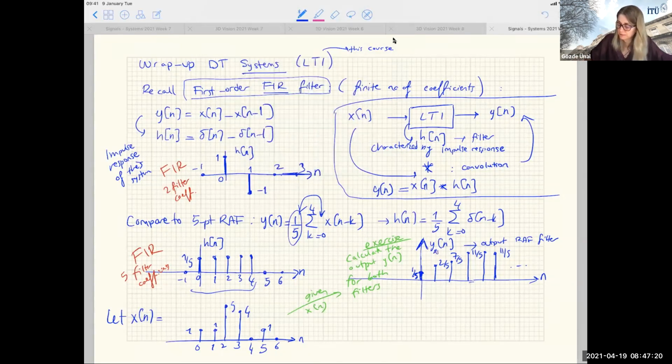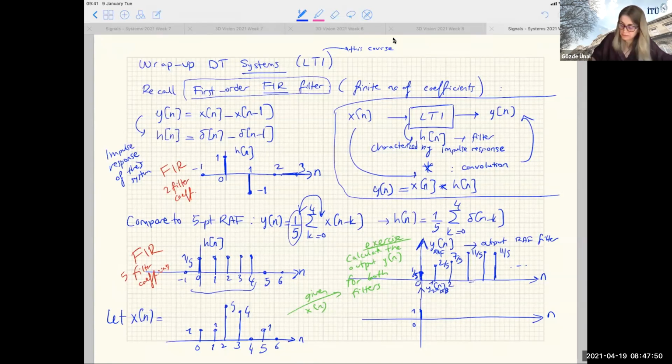Now let's look at the first order difference FIR filter. This was y RAF, this is y first order difference, let's say n, and let's plot this. It's going to have a 1 here, 2, let's say these were 0, 1, 2, 3, 4, 5.